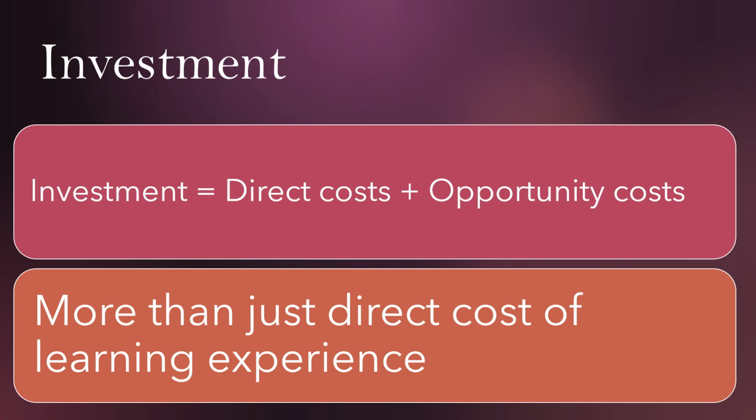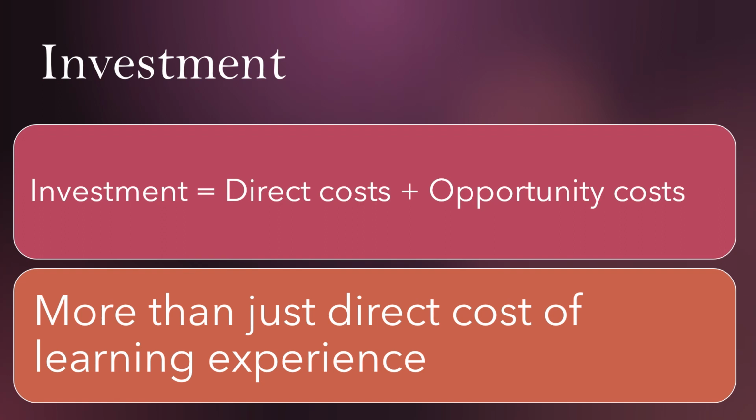So you want to study and get a degree. You're not just paying for the course fees, the living costs, etc. You're actually giving up the chance to work a full-time job for those 3 to 4 years that it takes to complete that degree or those courses.